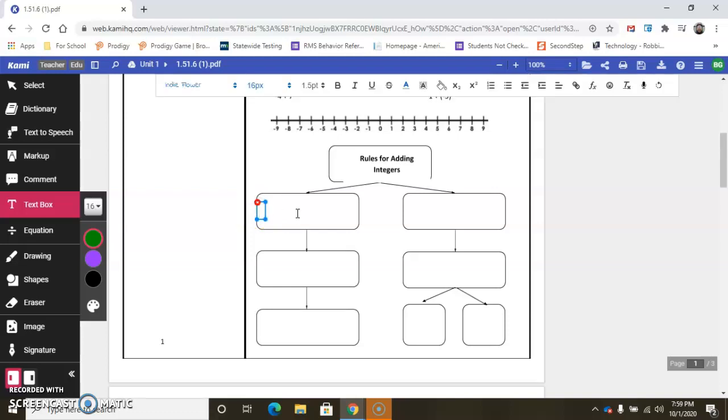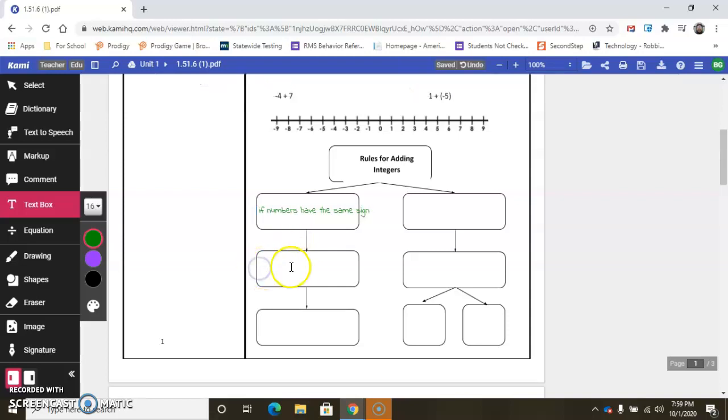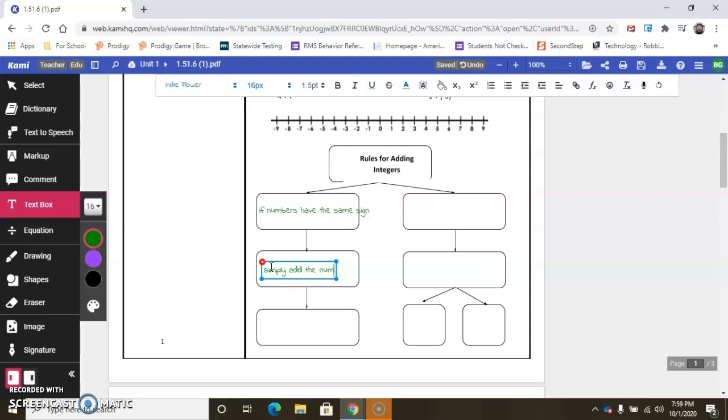So the first rule that we're looking for is, if the numbers have the same sign, you simply add the numbers and keep the sign.